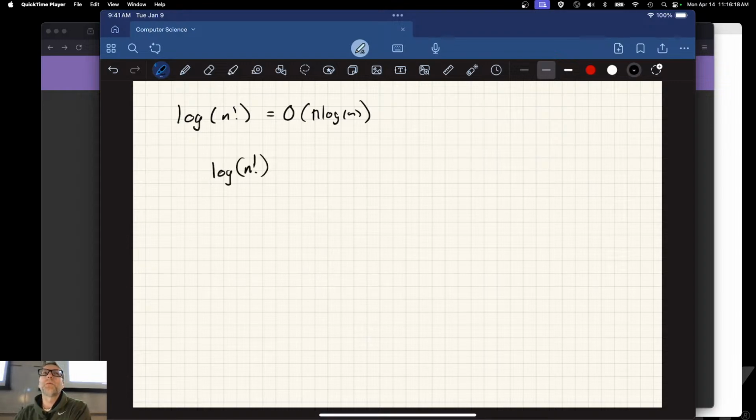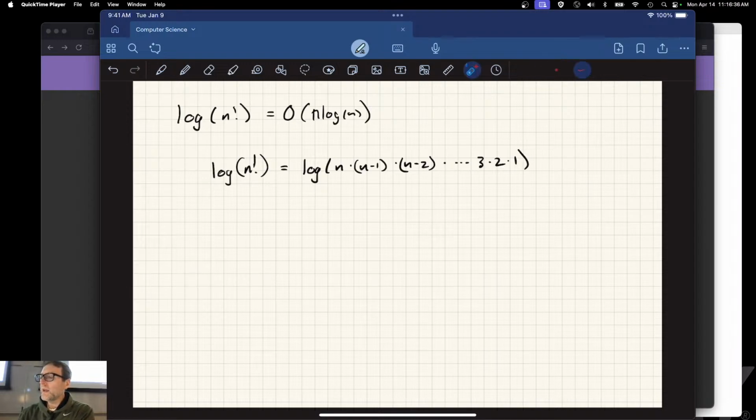This is going to come up later in some analysis that we do at the end of the course. What is that equal to? That's n times n minus 1 times n minus 2 times dot dot dot times 3 times 2 times 1. Now look at each individual one of these, and what's the highest order term here?